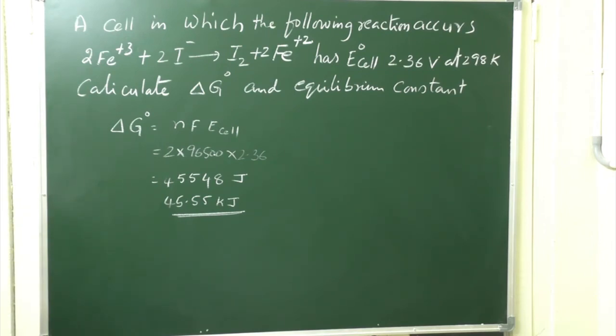And here in the second part they are asking us to calculate the Kc value, the equilibrium constant. Previously in some problems we calculated the equilibrium constant by using the electrode potentials, but here I am taking an alternative method with the help of the delta G value.